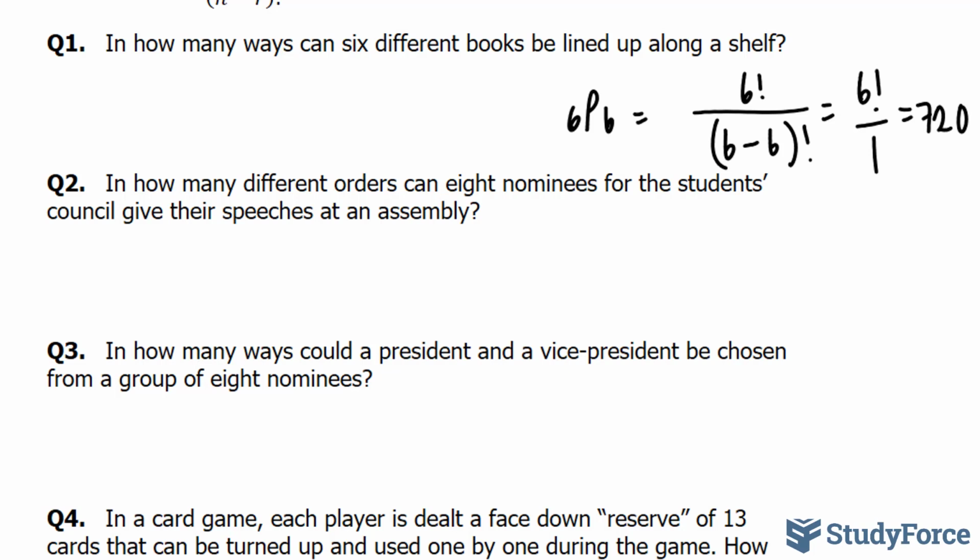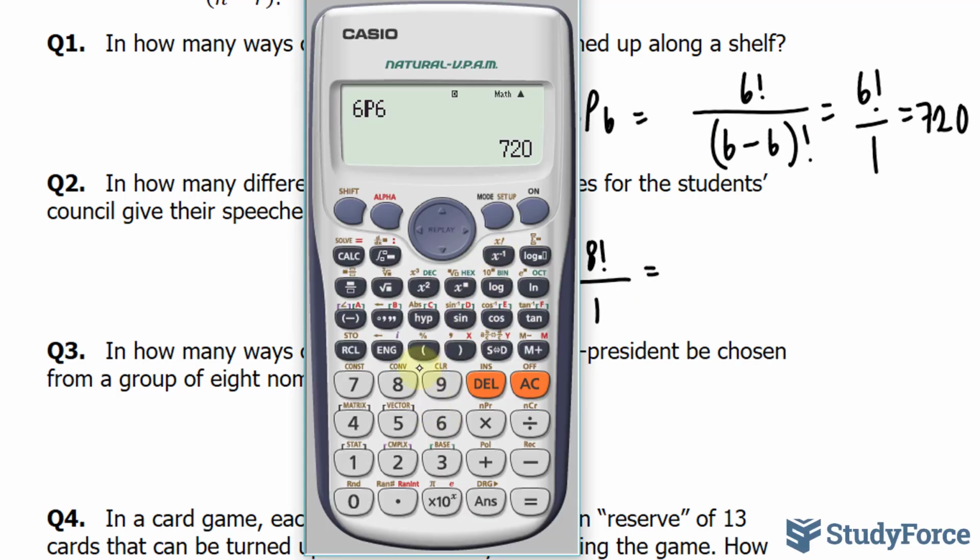According to the fundamental counting principle, we can write this as 8 pick 8. Let's do the math. We have 8 factorial over 1 is equal to, using our calculator, 8 factorial. Therefore, there are 40,320 different orders in which the 8 nominees can give their speeches.